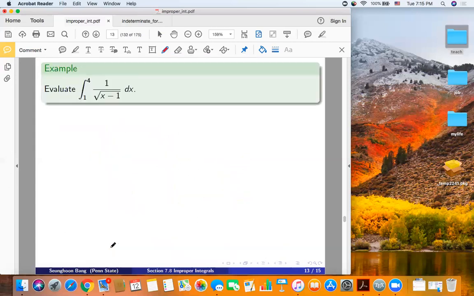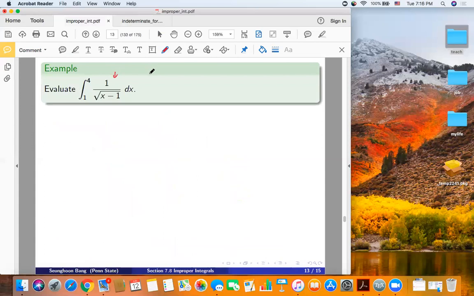This is an example. Let me see. This is an improper integral, is it right? My point is that the given function, 1 over the square root of x minus 1, is discontinuous, is it right? This function is discontinuous. Yes.